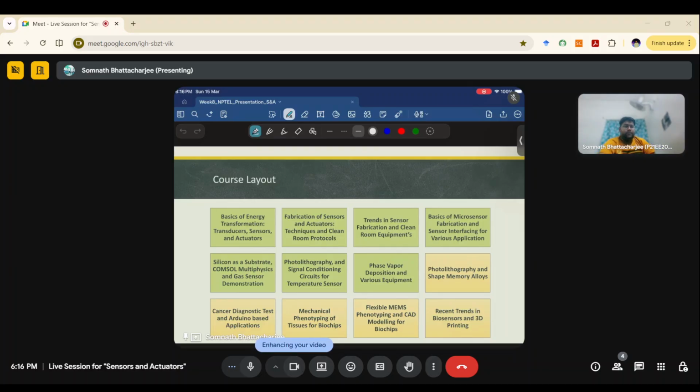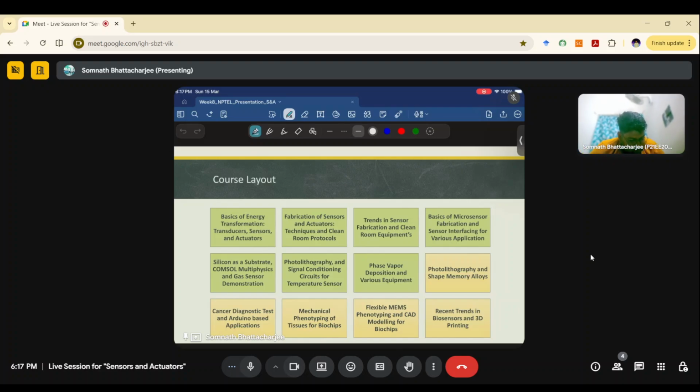We have also already learned about PR, the different kinds of masks, and the steps required for photolithography. So we won't be going very deep into this. We'll have a recap, and if any of you have any issues, we'll discuss that as well. But for now we'll directly focus on different things.